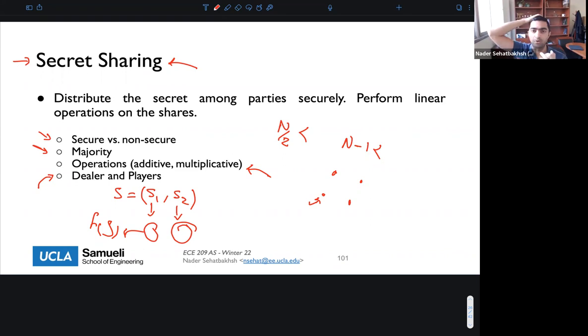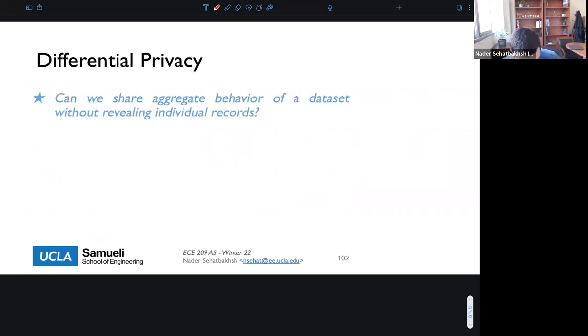In those scenarios, it could be a very good candidate. So typically what you will see in the literature is that people combine secret sharing with one of these two methods in order to optimize the performance. Another option is what's called differential privacy. Differential privacy is slightly different than what we discussed so far.